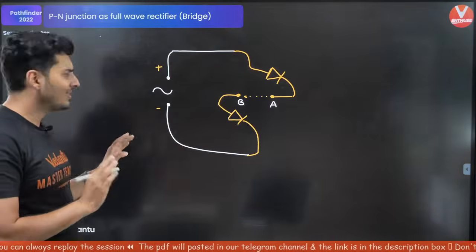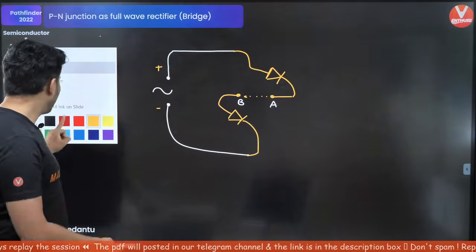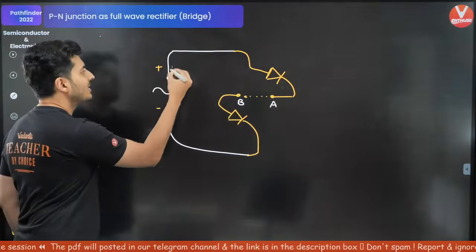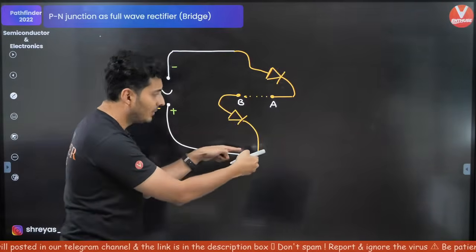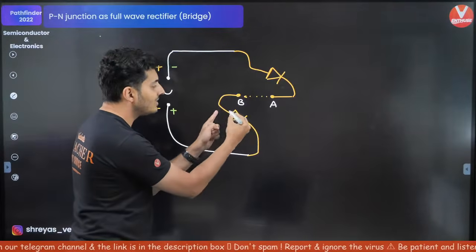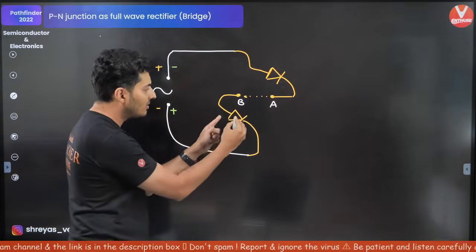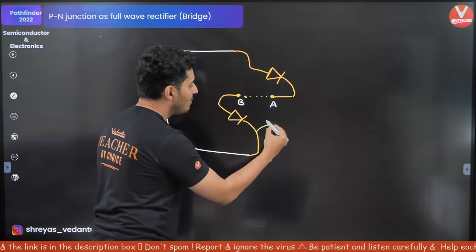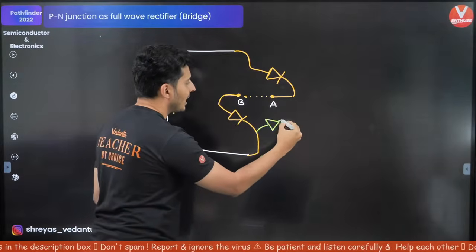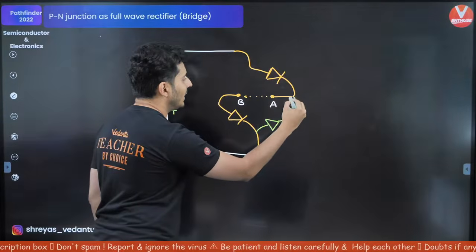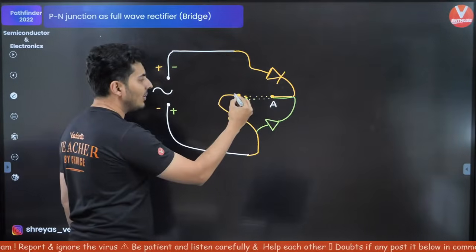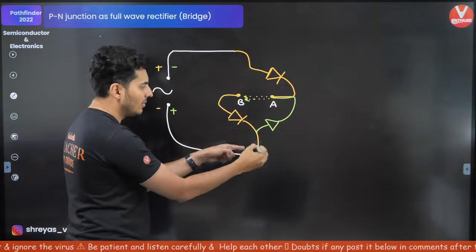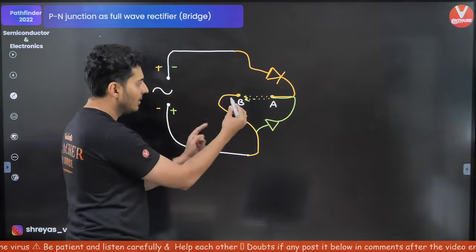Both are forward bias. Now in the negative half, when this is negative, this is positive, the current will flow from here and it can't go in this diode, correct? Because this diode is reverse bias. So how about making a diode here and letting the current go like this, and over here again from A to B, it comes out at B, but now it can't go here because the current is already coming in here.